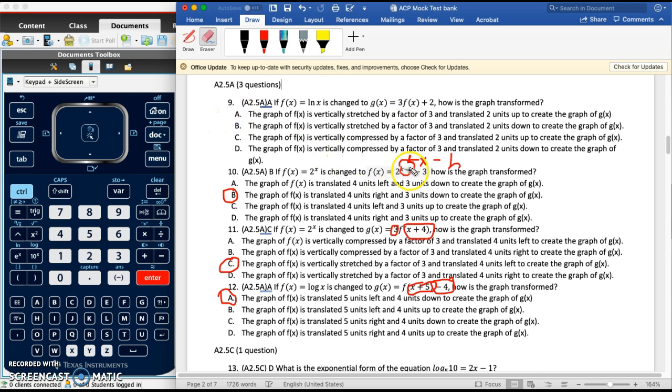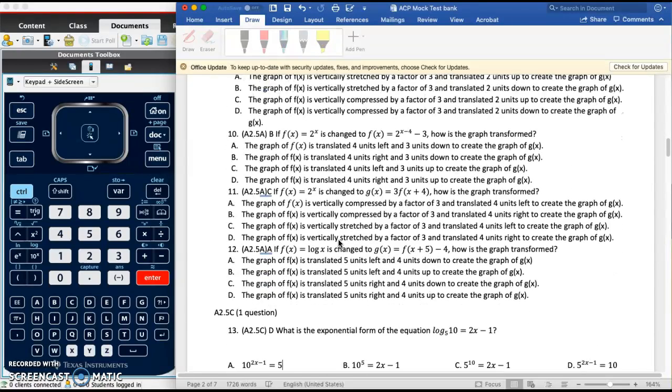All right, so we erase all that real quick. Okay, now let's go down. Question number 13.